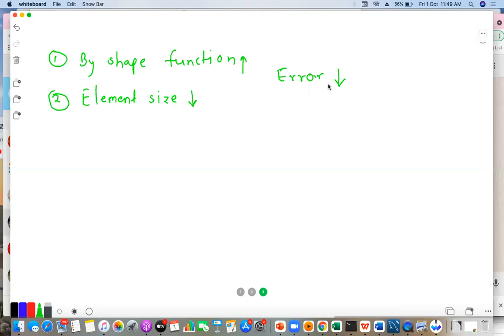But if we decrease the element size infinitesimally, or increase the number of elements, then our computational power requirement will increase. We will require higher computational power.